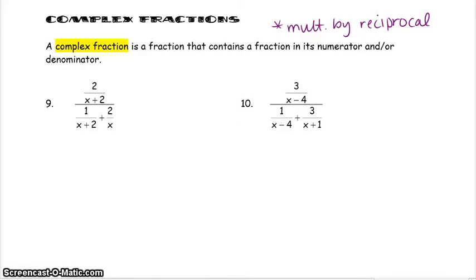Alright, welcome back. So, just as a reminder, the special note to this is multiply by the reciprocal. If I were to write down 3 steps on how to solve these, step number 1 is to get one fraction in the numerator and denominator.